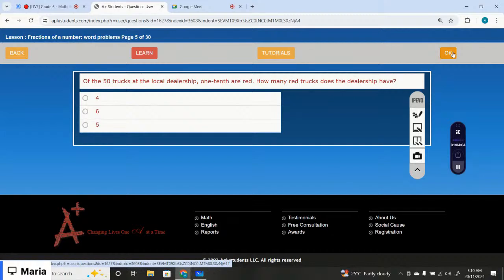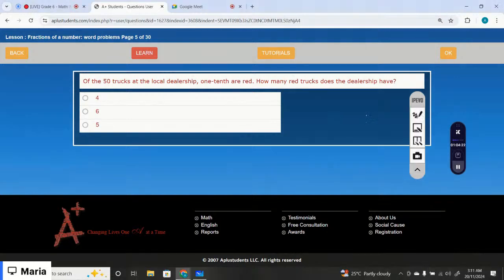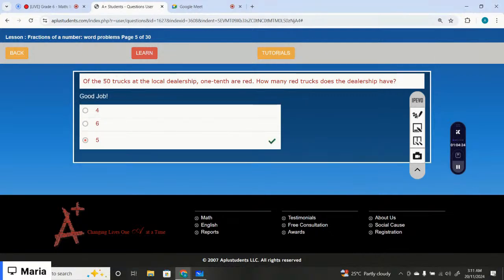You have to do 1/10 of 50. So let's just evaluate 1/10 of 50. That is 50 times 1 is 50, divided by 10 times 1 is 10. So 10 times 5 is 50. The correct option is 5. Option number 3 is the correct option.